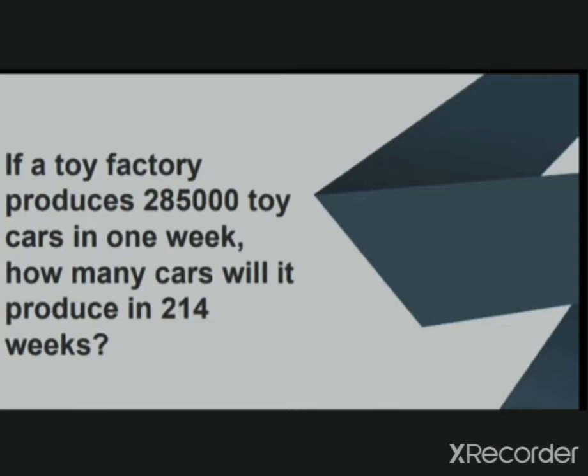Just look carefully. It is saying that the toy factory produces 285,000 cars in 1 week, the amount of 1 week, the amount in one group. Then, as weeks are grouped over here, it requires how many cars in 214 weeks. Did you guess what you are going to do?